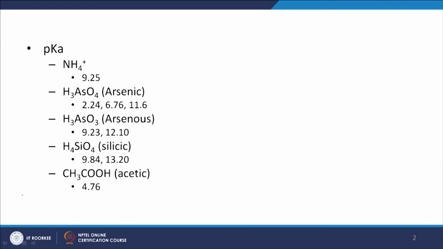So we are also going to look at silicic acid. If somebody wants to remove silica from water, let us say, if it is an issue, and you know that the pKa1, I am talking about H4SiO4 here, and I want to remove silica by ion exchange or electrodialysis, the pKa1 is 9.84, pKa2 is 13.2, right.